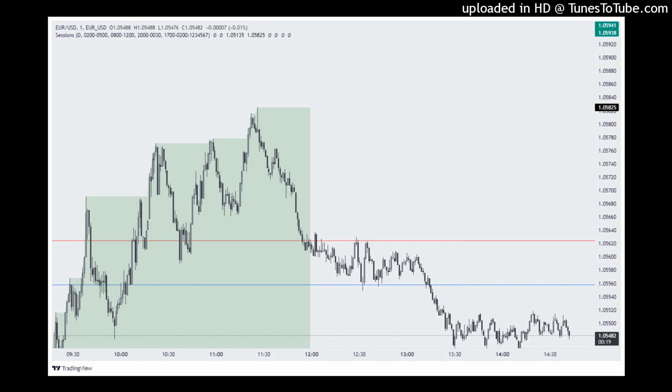Then you would wait for a displacement into that PD array. So into that discount array right there. A displacement in the form of that fair value gap. And then you would want another displacement out of the discount array in the form of that fair value gap. That is your ST. That is a sharp turn.